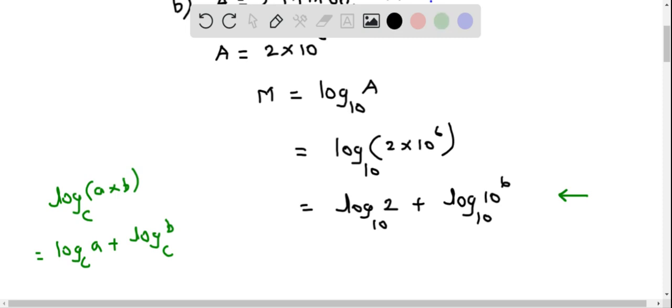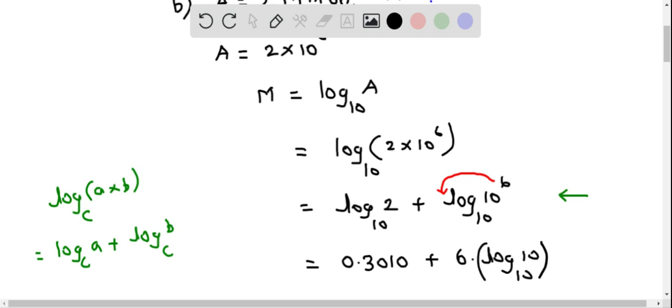Now we can evaluate the logarithm of 2 by plugging into the calculator. So when I do that, I get 0.3010. So I'm going to replace log 2 as 0.3010, and this is approximated here. Log 10 to the power 6 to the base 10. Once again, we use the properties of logarithms, so this 6 comes in front. So therefore, this becomes 6 times log 10 to the base 10.